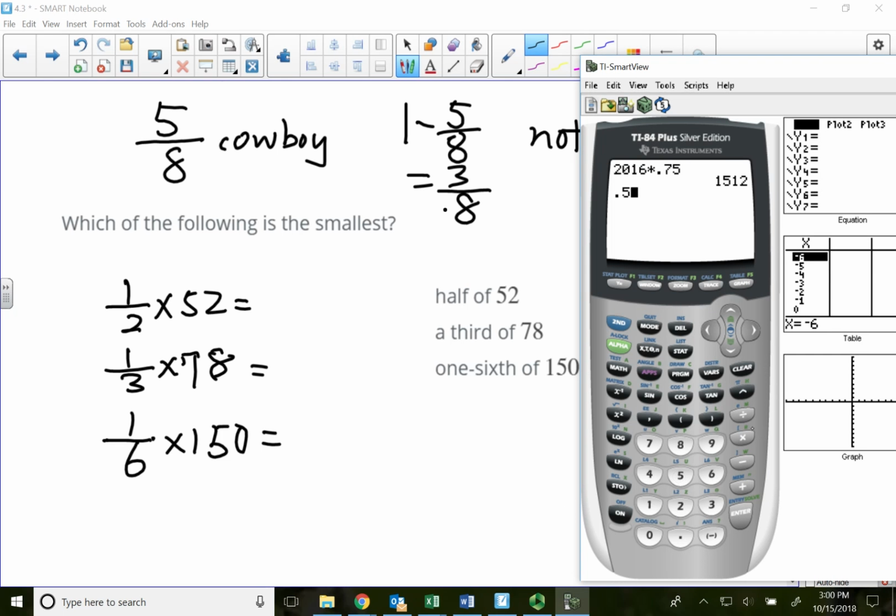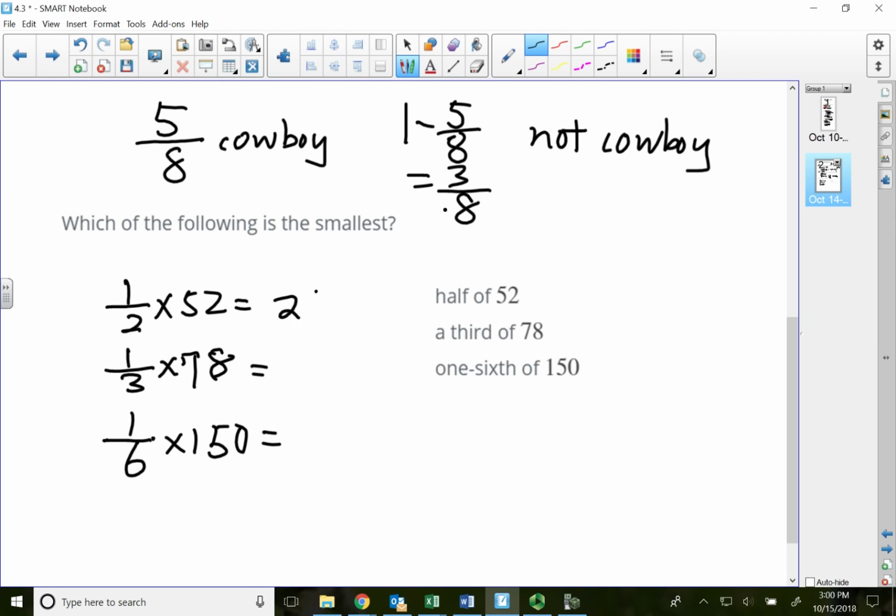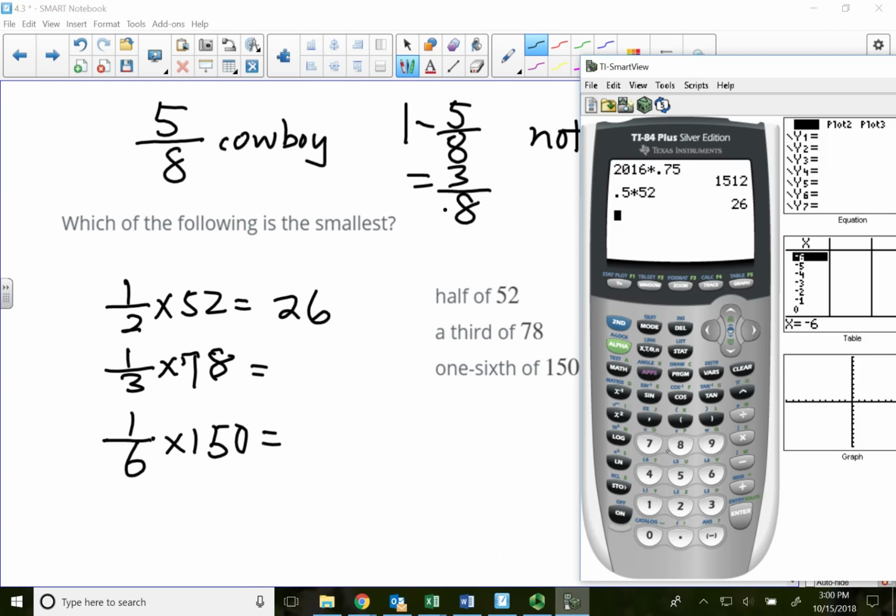0.5 is half times 52, which is 26. A third of 78 is 78 times 1/3. Because 1/3 is a repeating decimal, I'm going to just use the fraction for now. Oh, Lord, did I freeze my calculator?